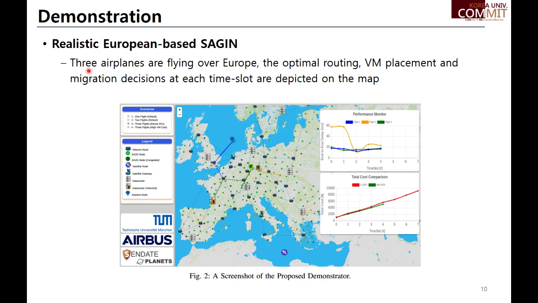In short, they simulated real European airlines. 3 airlines are flying over Europe. The optimal routing, virtual machine placement, and migration decisions at each time slot are depicted on the map as you see here.